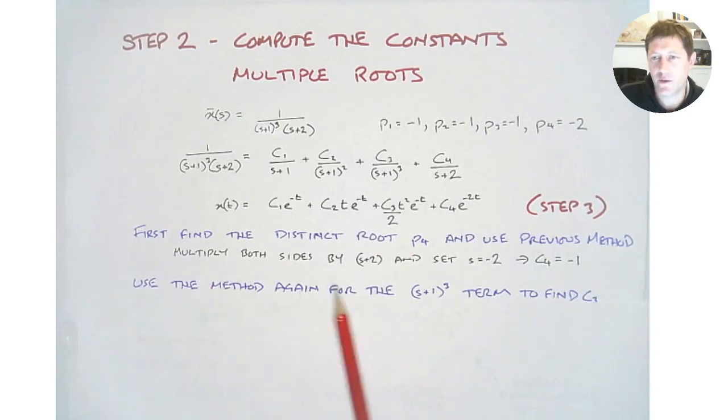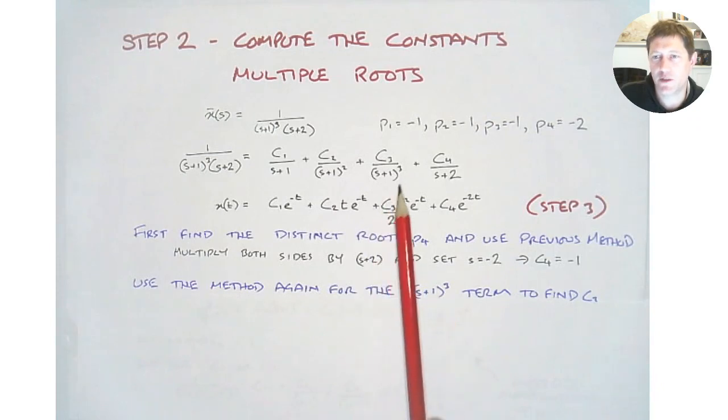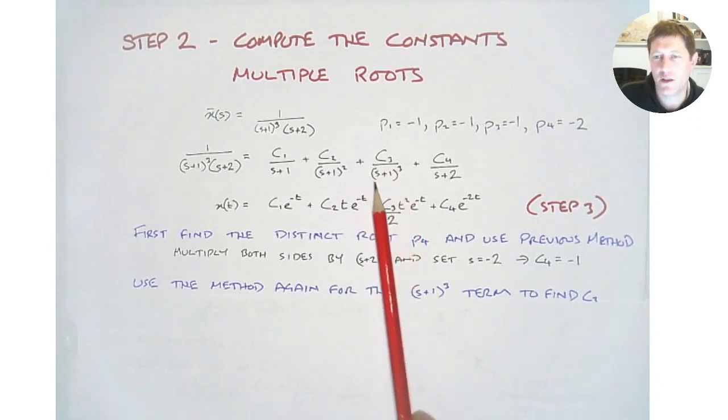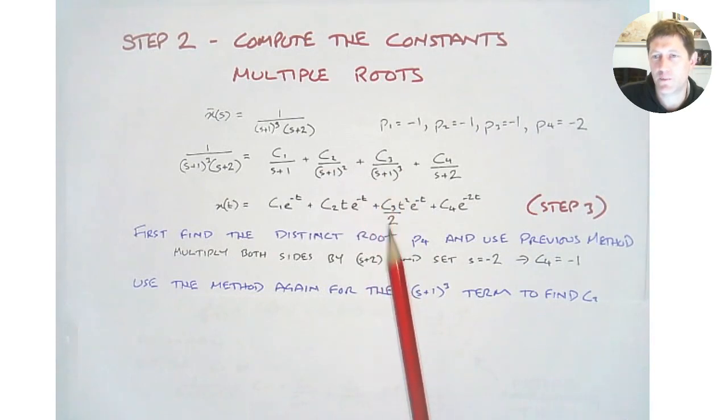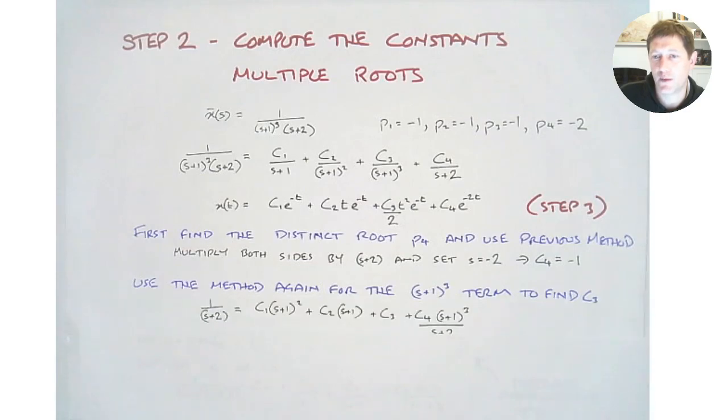Now we can focus on the s plus 1 cubed term. So we go to the highest order of the terms representing the multiple root, and the same method will actually work to find this coefficient c3. I'll show you that one.